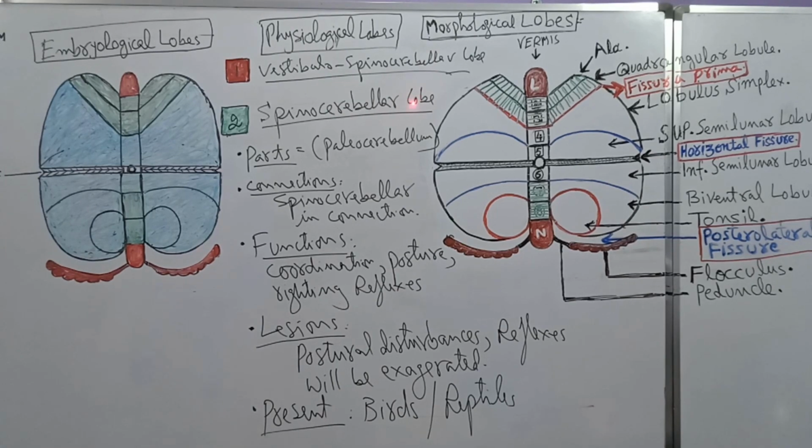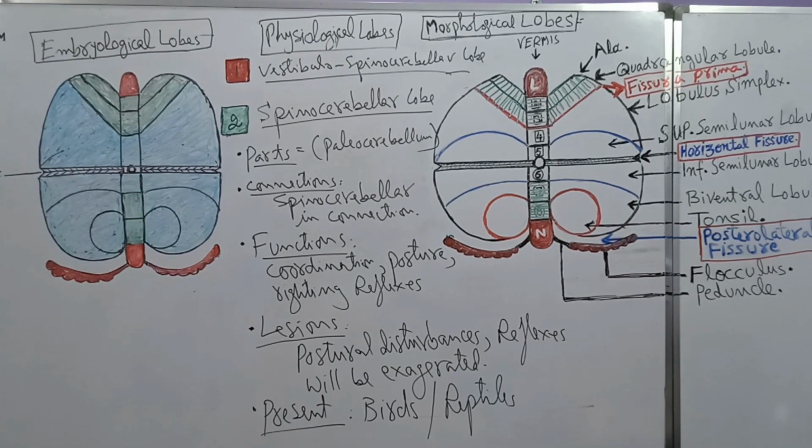Spinocerebellar lobe. What are the parts included in this lobe? All parts which are the components of the paleocerebellum. That is the central lobule, the culmen, ala, quadrangular lobule, then the pyramid and uvula.